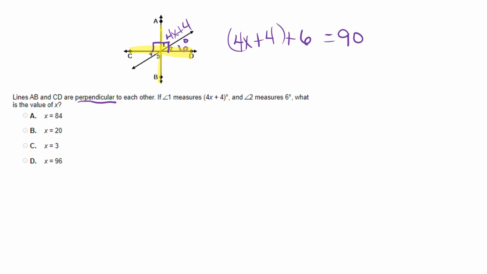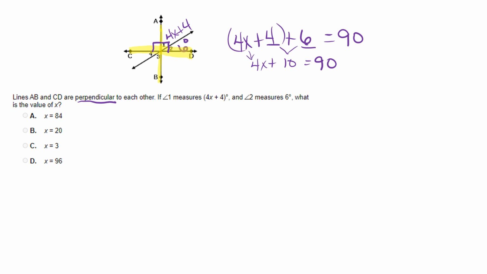That's angle 1 and then angle 2. But you can go ahead and combine these two. So 4 and 6, I can combine and make 10. And then I haven't gotten anything to add to the 4x, so it's just going to come straight down. Now I have 4x plus 10 equals 90.